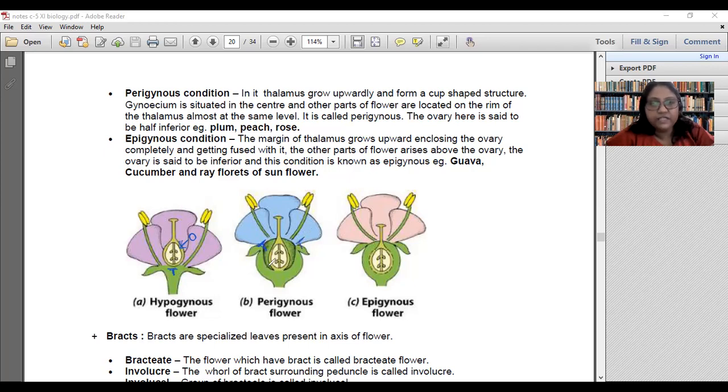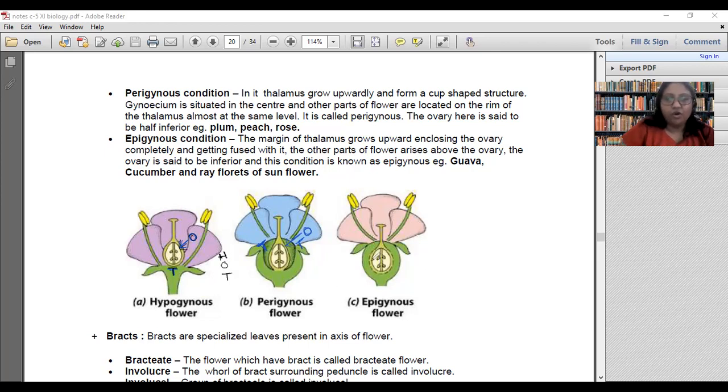And the ovary is actually located inside the thalamus. So this type of thing is known as perigynous. That means thalamus and the ovary are located side by side. Okay. You can see in case of hypogynous, this is thalamus, this is ovary. So simply you can use this code to remember hypogynous. I remember it as HOT, that in hypogynous, ovary is above the thalamus.